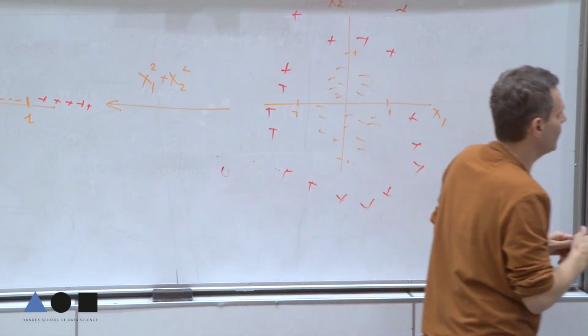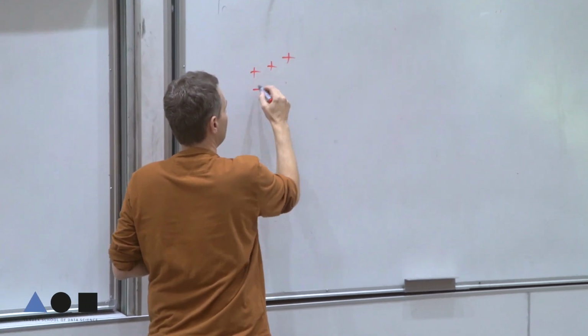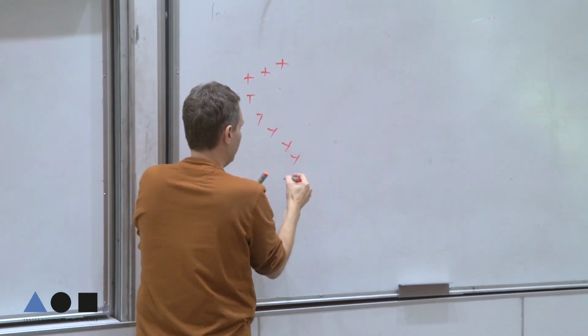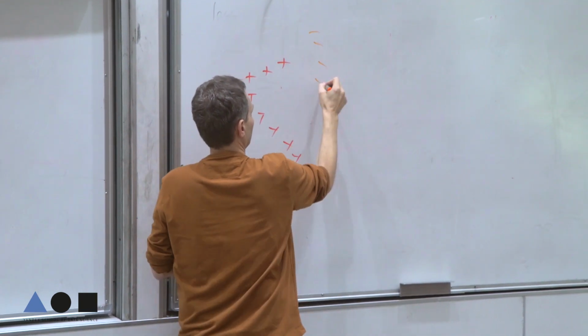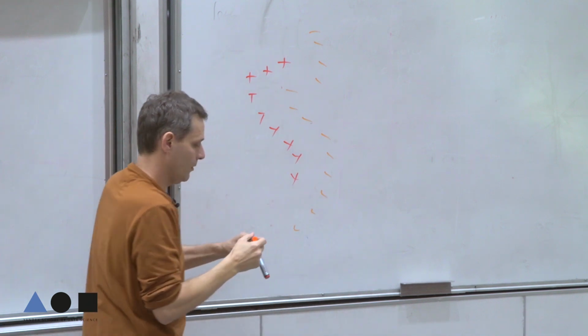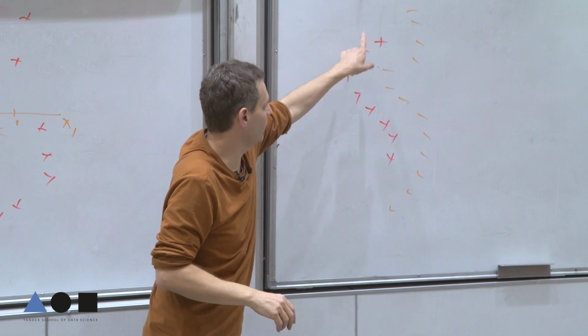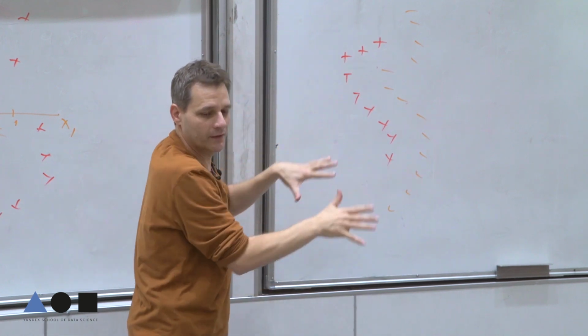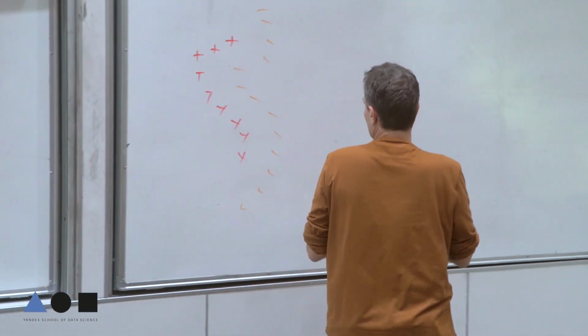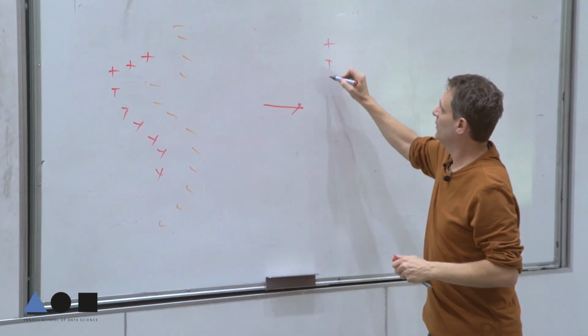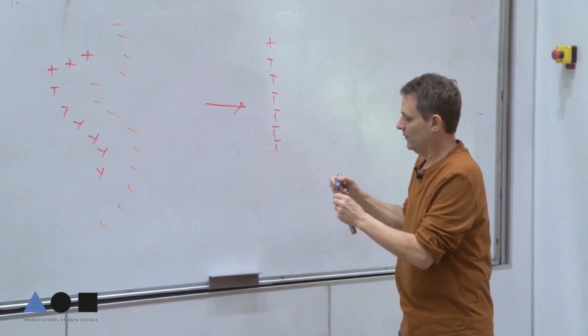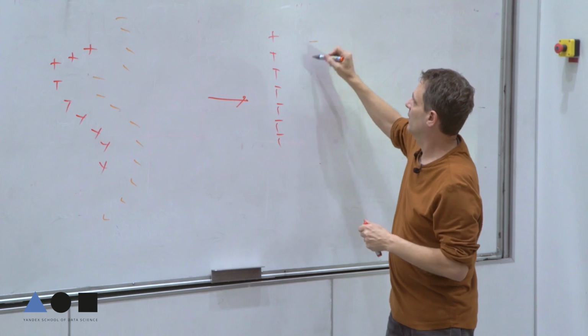So you can think about data that perhaps is not linearly separable. But if you do this nonlinear distortion, as if this was drawn on a balloon and you distort it, you can maybe distort it in a way that is linearly separable.